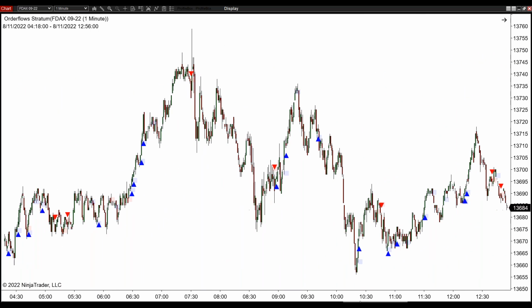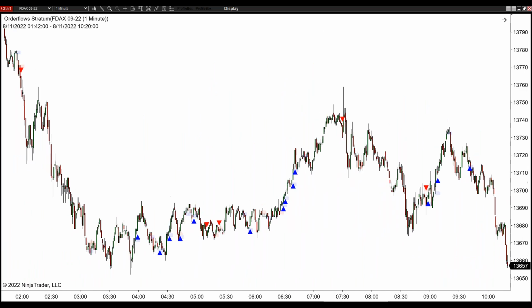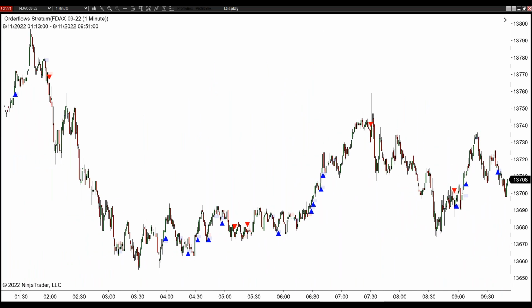Again, the day before. I think for people in America that trade DAX, you've got to realize that the European cash market closes like around 10:30. I forget the timings. I think after 10 o'clock the volume really dries up in DAX, but it's a nice market to trade, right?